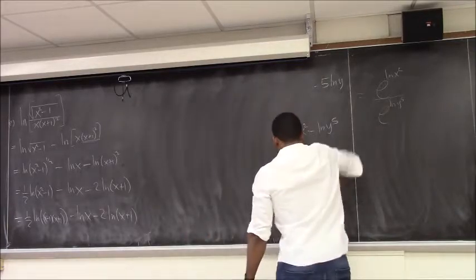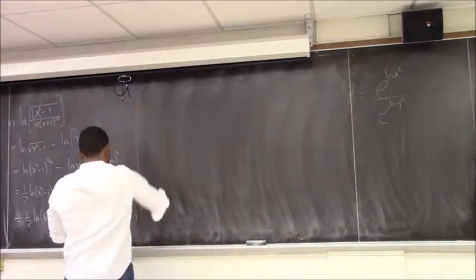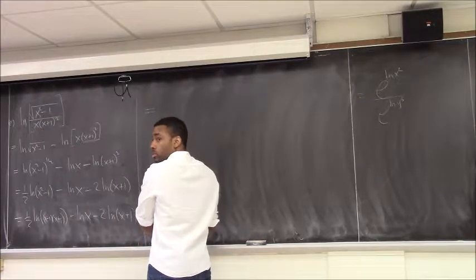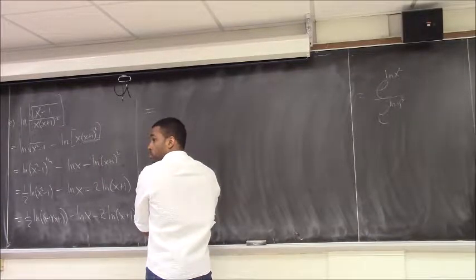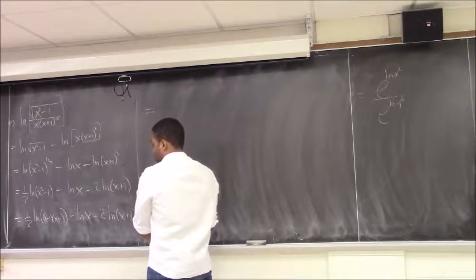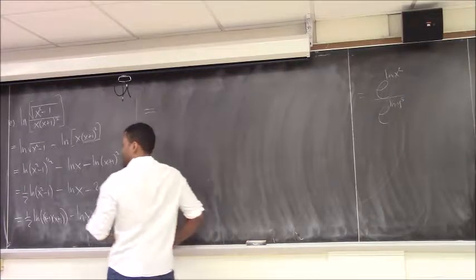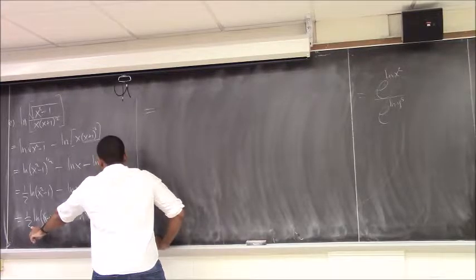And now what? Yeah, so now what? The product rule. So ln of x minus 1 plus ln of x plus 1. Yes. And again, it's in parentheses. So this half here is going to have to distribute.